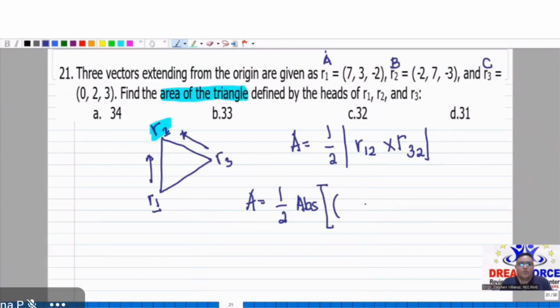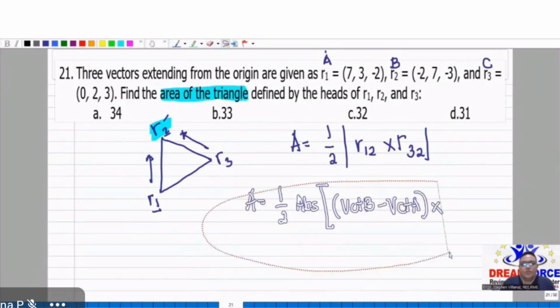So, therefore, that is 2 minus 1. Okay? So, that is VCTB. Take note, VCTB yung ating destination minus yung ating VCTA. So, that is R12. So, that is from the starting point 1 going to your destination. Destination minus yung ating reference point.